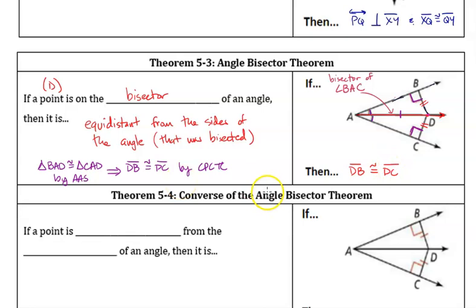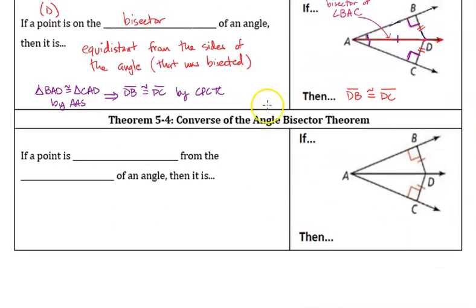Now, just like the perpendicular bisector theorem, there is also a converse to this theorem that is true. The converse says if a point is equidistant from the sides of an angle, so I look here and I notice, hey, look, here's point D. If I go from D over to ray AB along a path that's perpendicular, so if you want to think of it as straight over to that side, and I'm going straight over to the other side along this path here, segment DC, those two paths are the same distance.